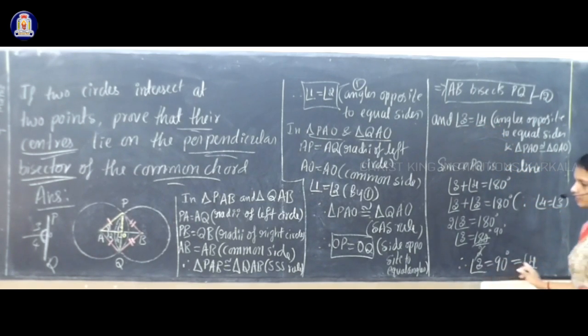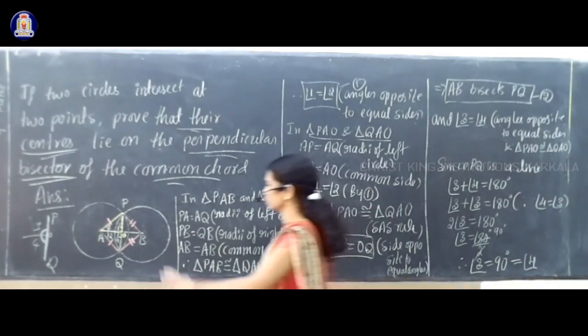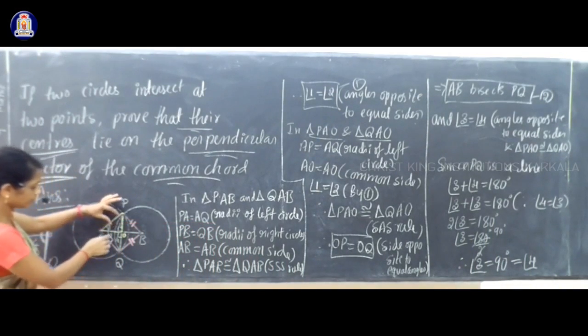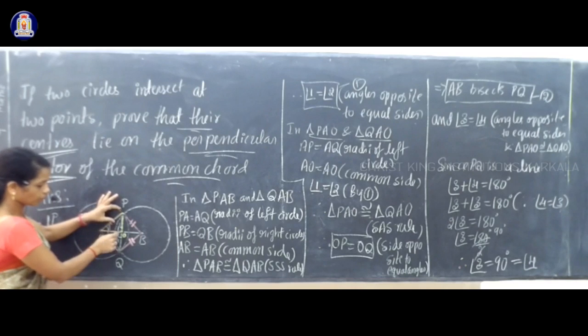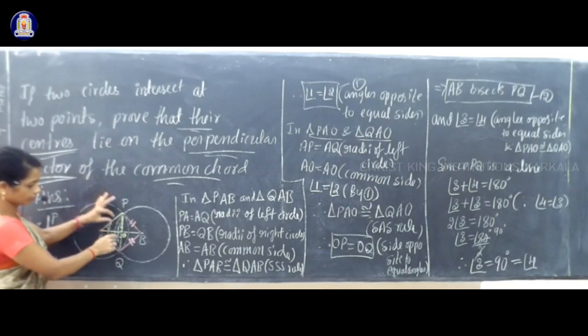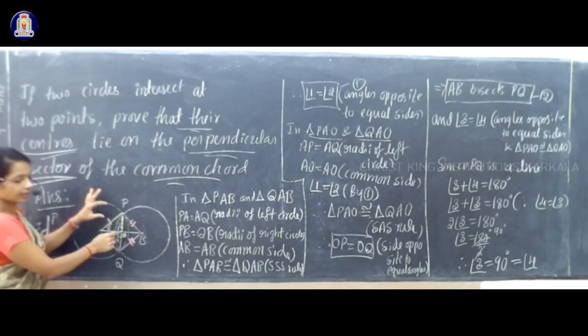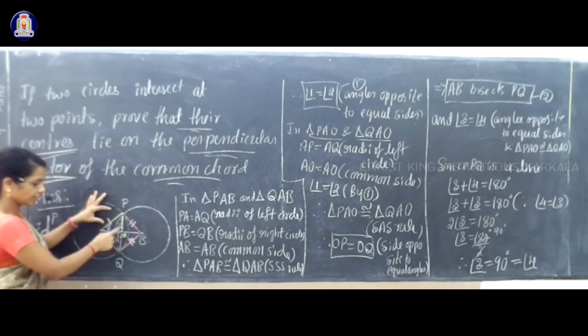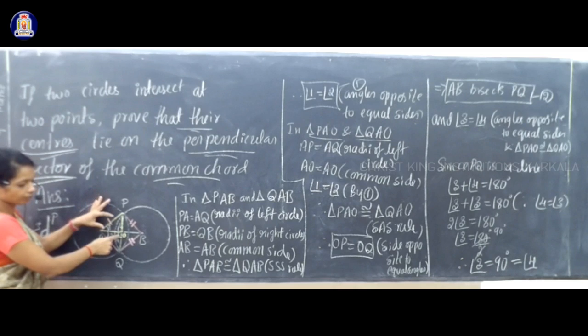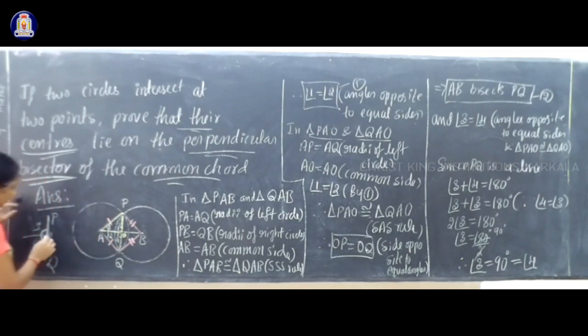Angle 3 is equal to angle 4, equal to 90 degrees. These are on both sides of AO, angles 3 and 4, that are 90 degrees. What can you say about AB? It makes a 90 degree angle on both sides. Both angles are equal to 90 degrees, as we proved now.